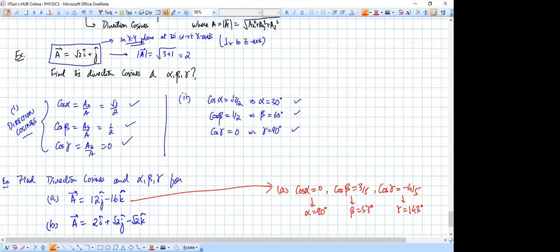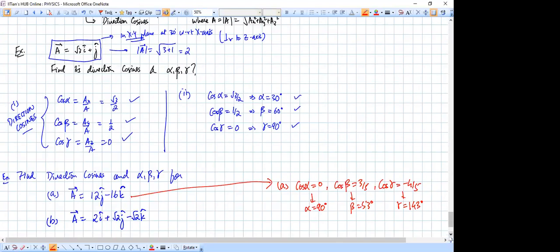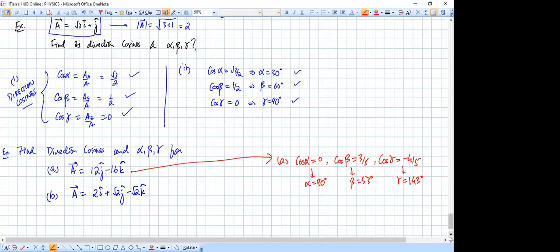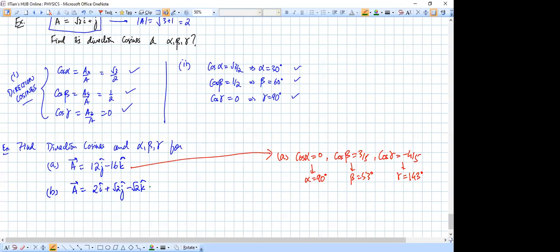Cos inverse 1 by root 2 is 45. Okay, so for the second one, you will get cos alpha as 1 by root 2, cos beta as 1 by 2, and cos gamma as minus 1 by 2.